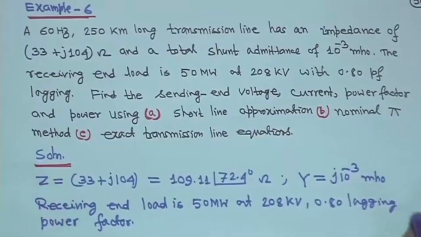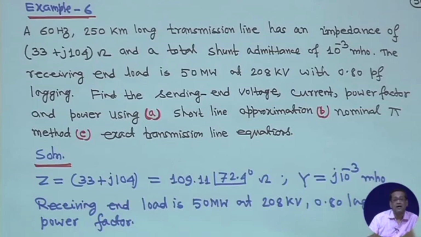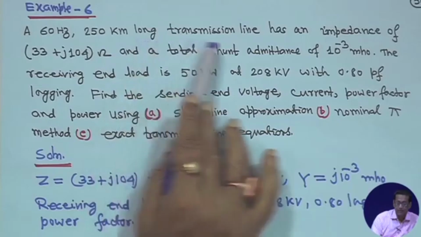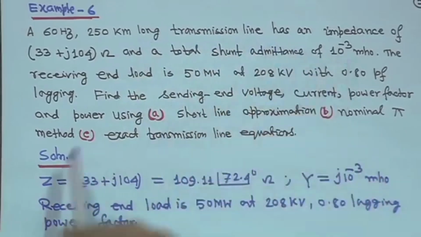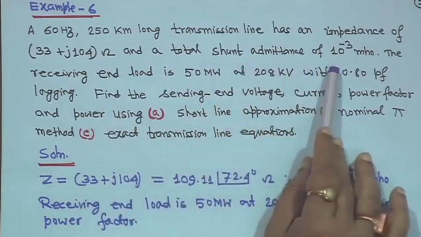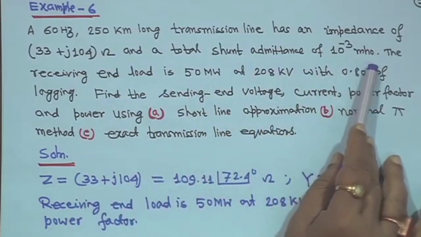Next one is an example where the same data have been taken and used for short line, medium line and long line. So, a 60 hertz 250 kilometer long transmission line has an impedance of 33 plus j104 ohm and a total shunt admittance of 10 to the power minus 3 mho.